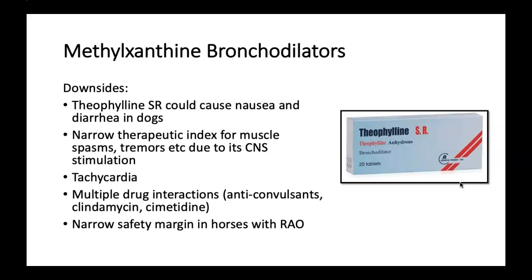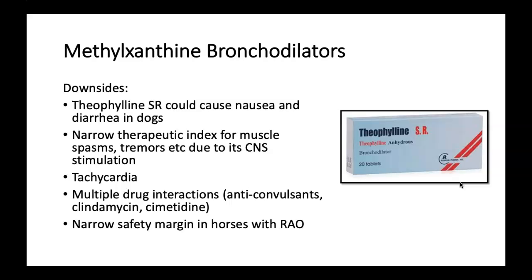So carrying on with this, of course, there's going to be some downsides. The drug theophylline, which is often a slow-release drug, can cause nausea and diarrhea in dogs. In general, there's a narrow therapeutic index for muscle spasms, tremors, etc., due to its central nervous system stimulation. So we have to watch out for that as well.